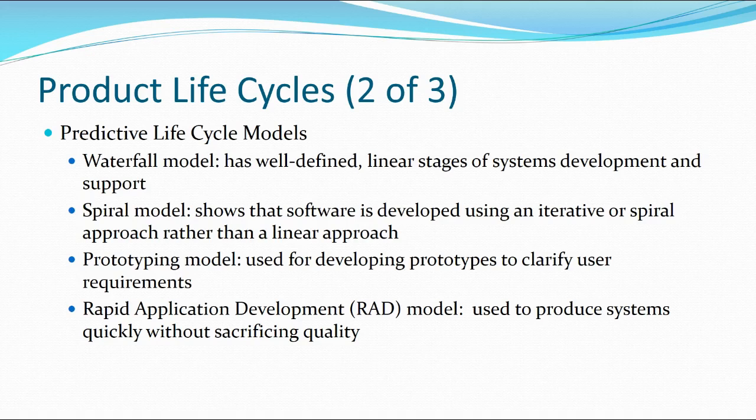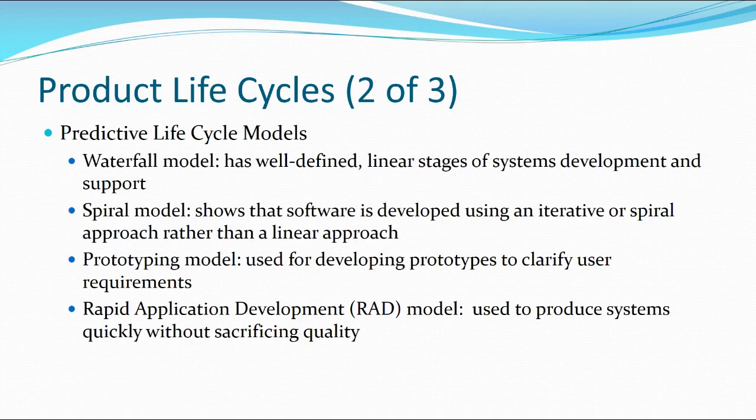Prototyping and rapid application development are similar types of approaches, meaning that in prototypes, you're creating what we refer to as straw men, or things that we can evaluate and tear down. In a waterfall model, we're creating fundamentally sound code, for example, whereas in a prototyping model, we might be creating software and then revising it as we go.